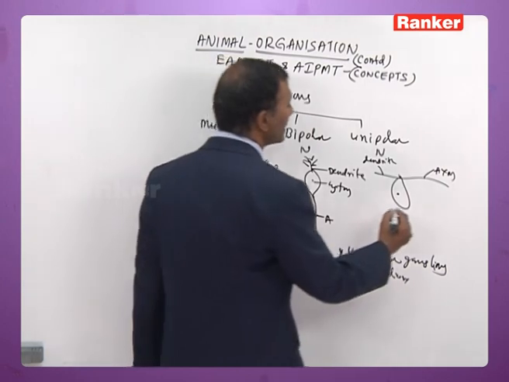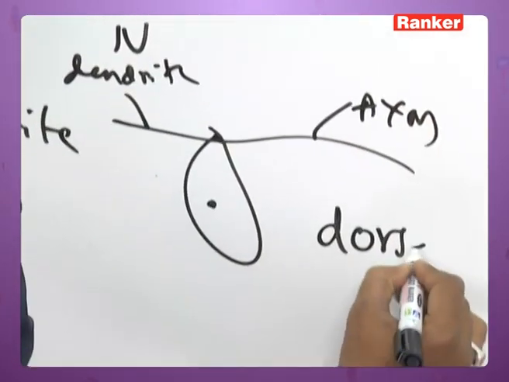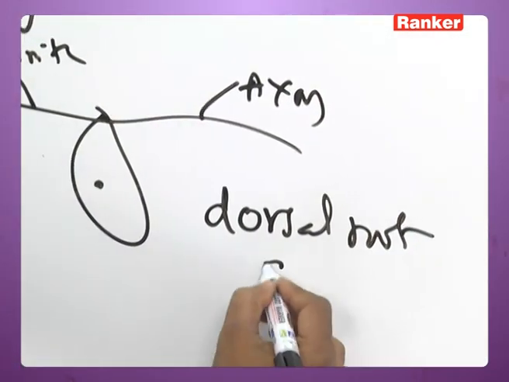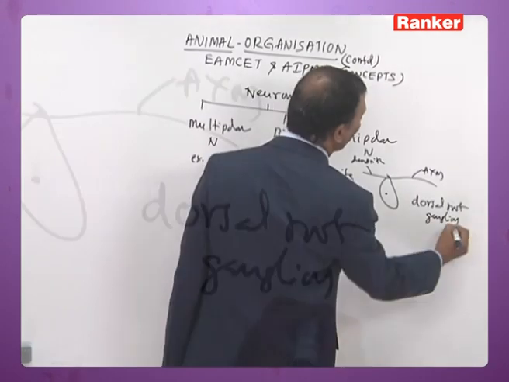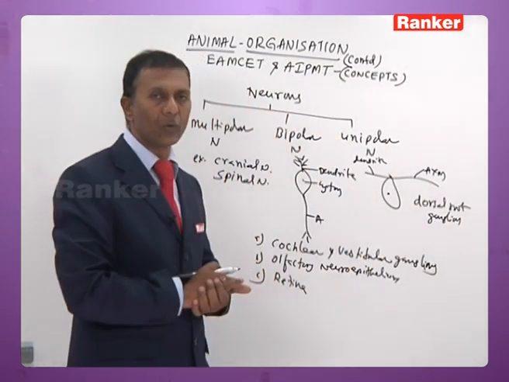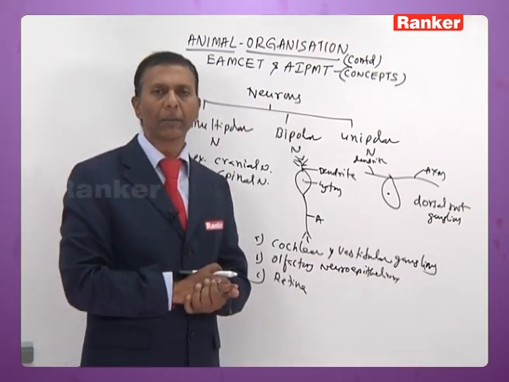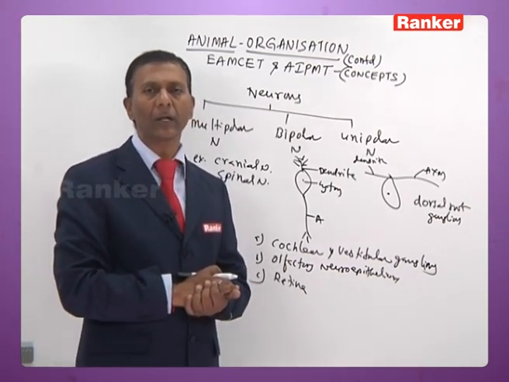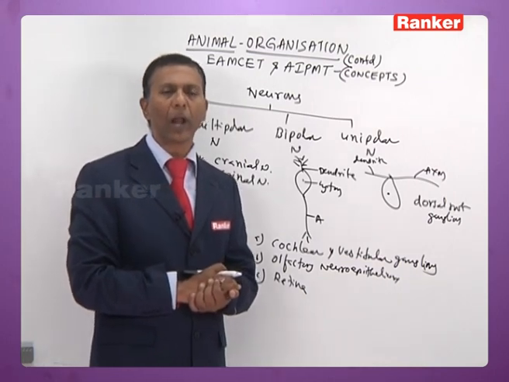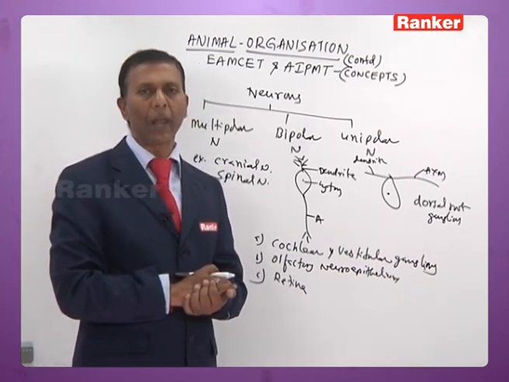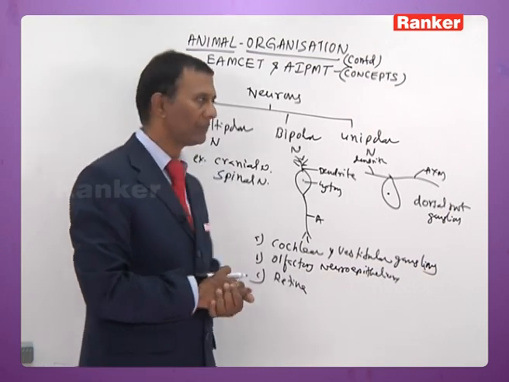Unipolar neurons are present in the dorsal root ganglion of the spinal cord. And sometimes some neurons are without any dendrites; you call them apolar. Apolar neurons are present in neuroblasts of the embryonic stage.